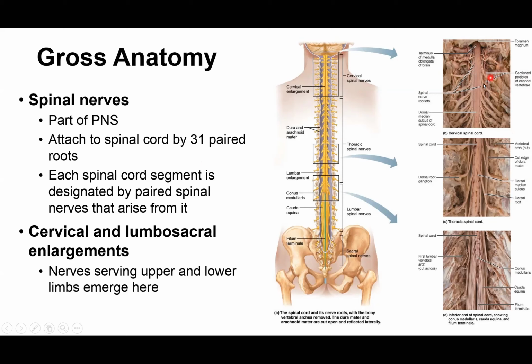You can see all of these structures out here to the side, and these are representing spinal nerves coming off of the spinal cord. And you can see that's true down in the thoracic region as well, and in the lumbar region.